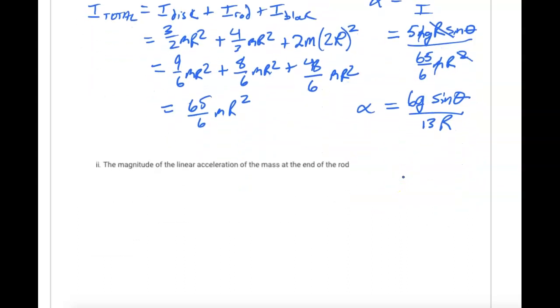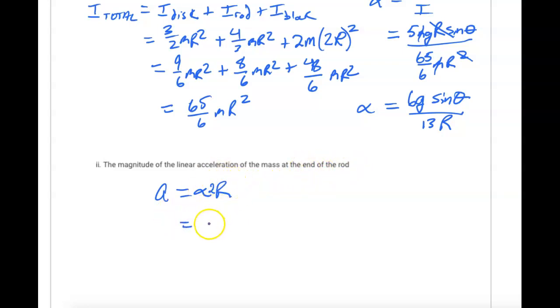They want us now to find the linear acceleration of the mass at the end. So we know that linear acceleration is just equal to angular acceleration times r. And so what we'll do is take this expression and multiply it times r. You're going to have to multiply it by 2r, because we want the end of the rod, and the end of the rod is at 2r.